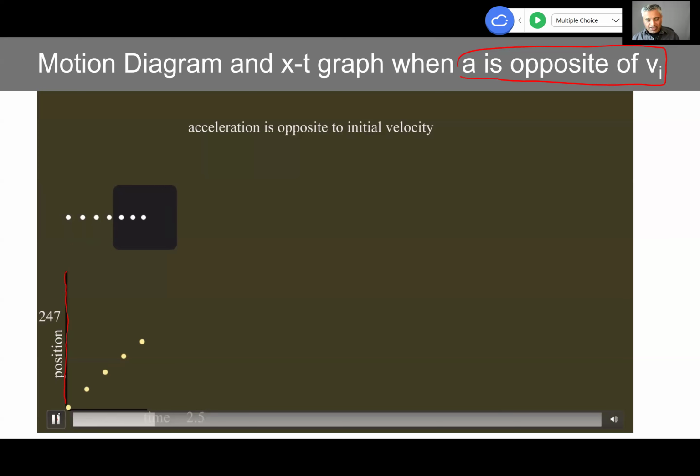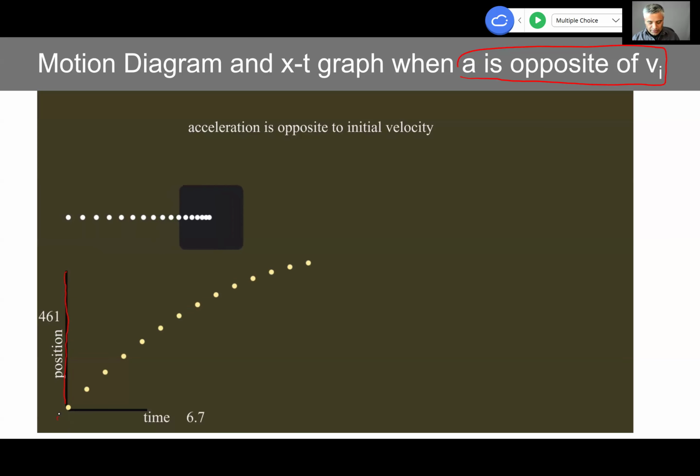See how the separation distance between the white dots is getting smaller and smaller? You see that? And they are getting very close, meaning the object is about to stop. So the object is slowing down. You see that? So acceleration is in the opposite direction of motion, and that's what we learned last class.